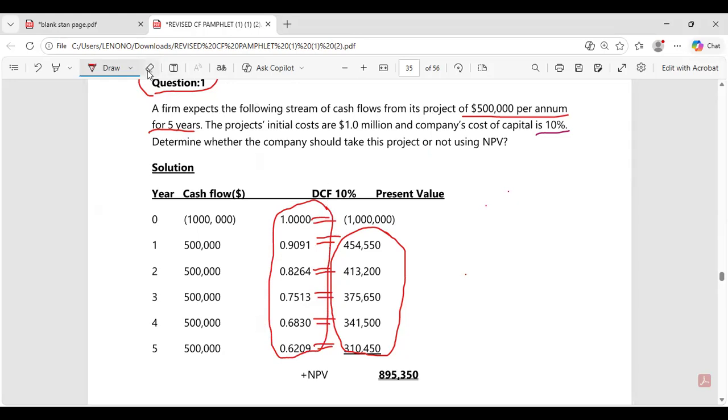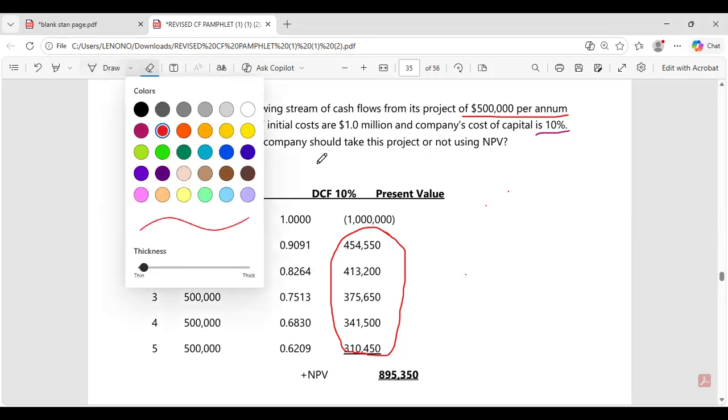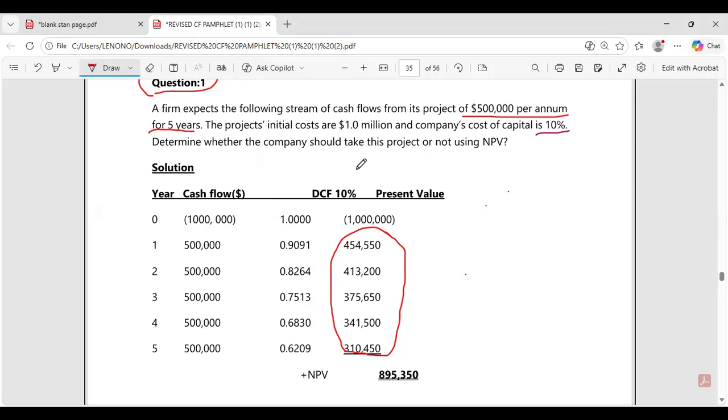So if they have not given us these factors, they've just told you these cash flows are yearly and the discount rate per year is 10%, how do we handle that one? They have not given us the discount factors calculated at 10%, the 0.9, 0.8, 0.7.